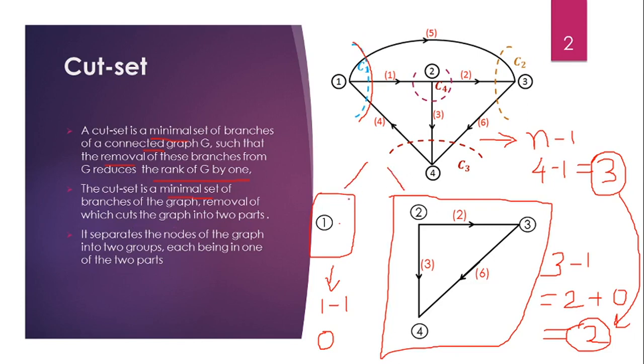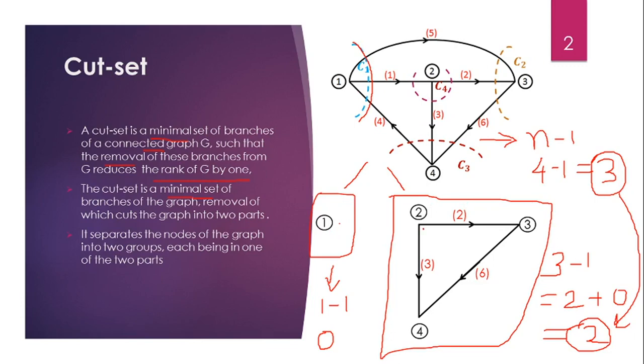The first part has only one node, the second part has nodes 2, 3 and 4. Third point, it separates the nodes of the graph into two groups, each being in one of the two parts. So here the total number of nodes is 4, and these 4 nodes are divided into two groups. The first group has only one node, the second group has 3 nodes.